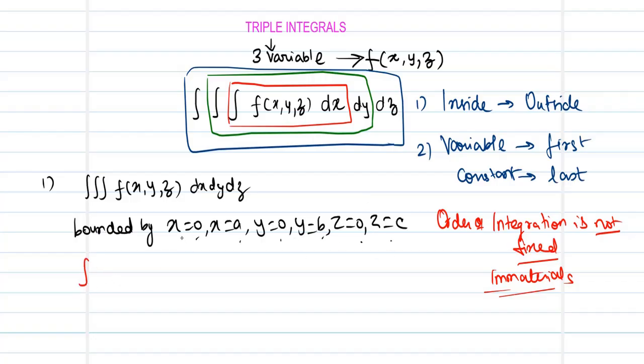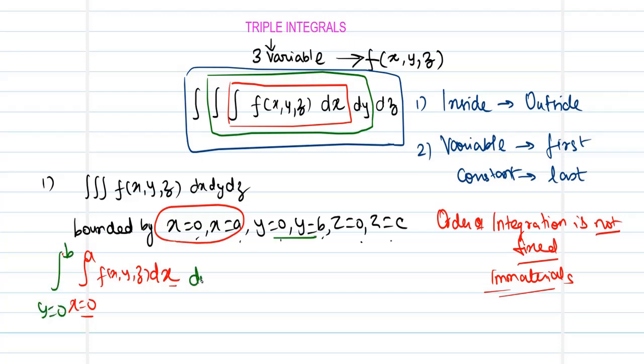So by this we mean x varies between 0 to a, the function f(x, y, z), dx to be integrated first, then followed by it you can have your y vary between 0 to b, with respect to dy you integrate it, and then you have your z vary between 0 to c, dz you integrate.